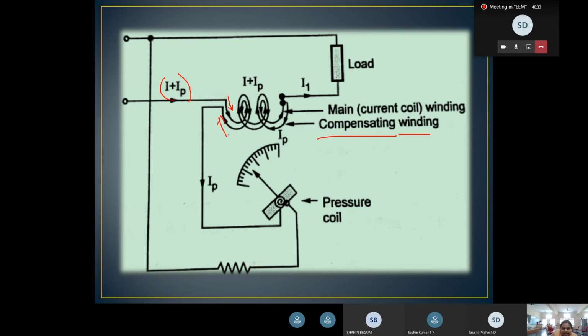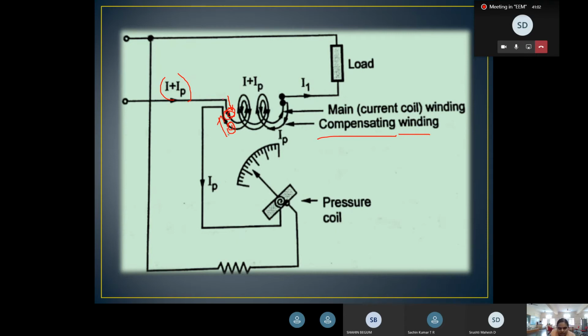The current I plus IP generates a magnetic field in this coil, and it is opposed by the current flowing in the compensating winding, that is IP. It is also creating its own magnetic field because of the star in the coil, right?